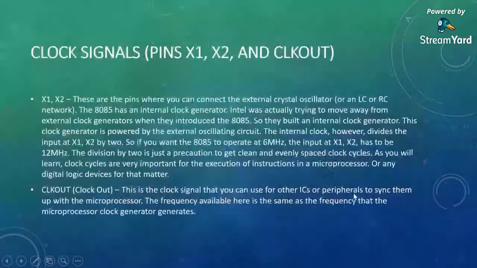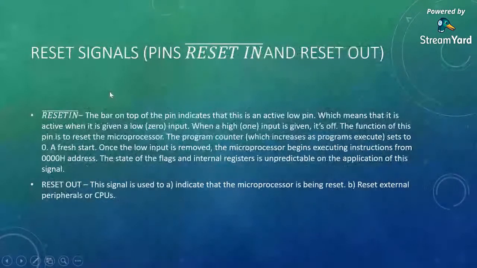This is the clock signal. I already explained that clock signal in the previous slide. We have reset in, with a bar on top of the pin, which indicates it is active low. I already mentioned it before. It means that it is active when given zero or low input, ground input.